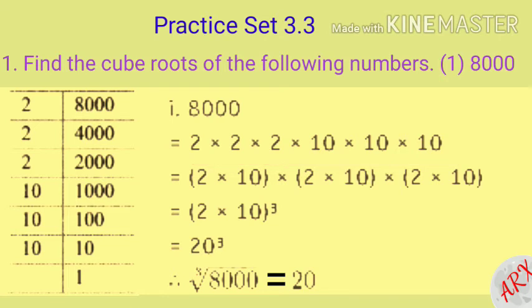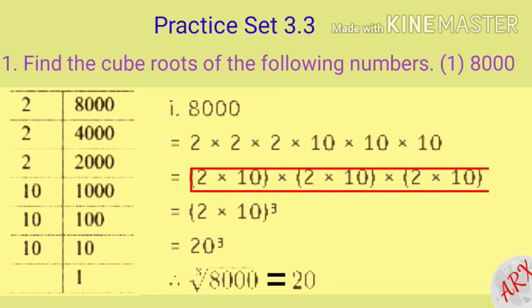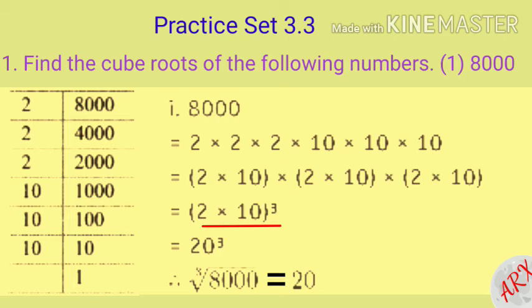Now, we will make groups of 3, that is 2 into 10 in one bracket, again 2 into 10 in the second bracket, and 2 into 10 in the third bracket. That is 2 into 10 raised to cube. 2 into 10 equal to 20 cube. So, cube root of 8,000 is 20.